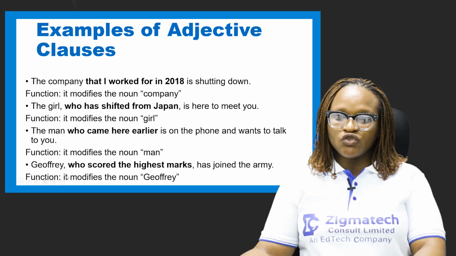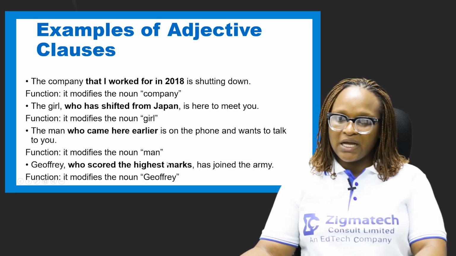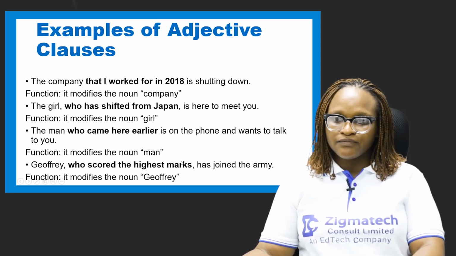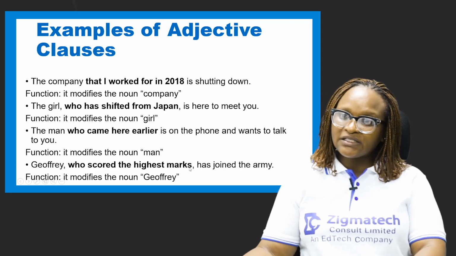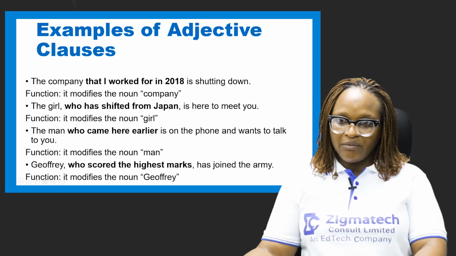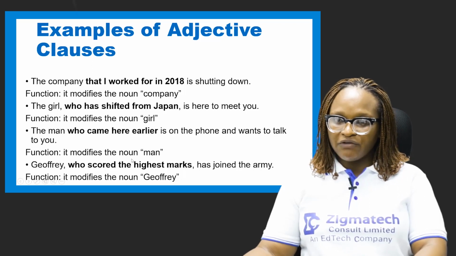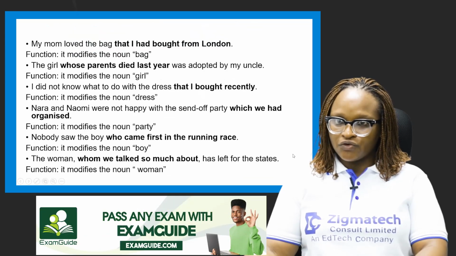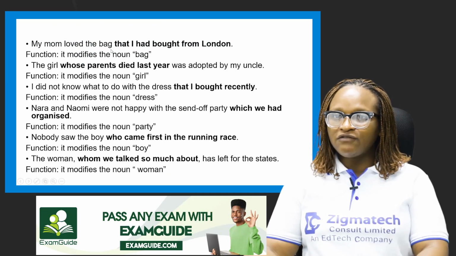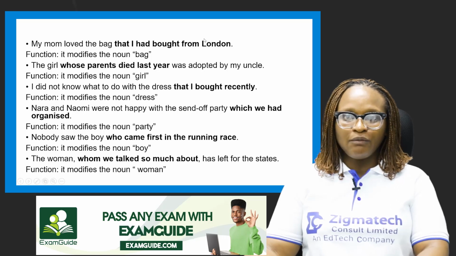The next one says, Jeffrey, who scored the highest marks, has joined the army. Now the function: it modifies the noun Jeffrey, which is being described. We have, my mom loved the bag that I had bought from London.